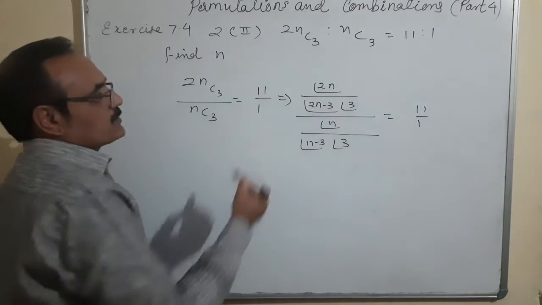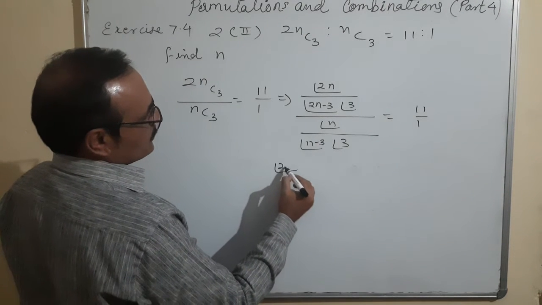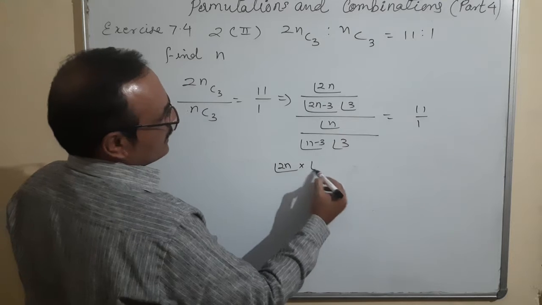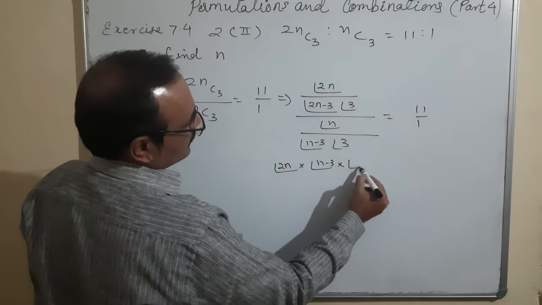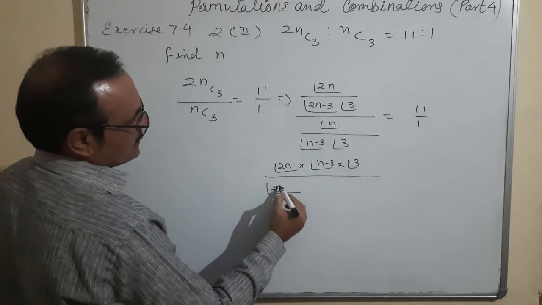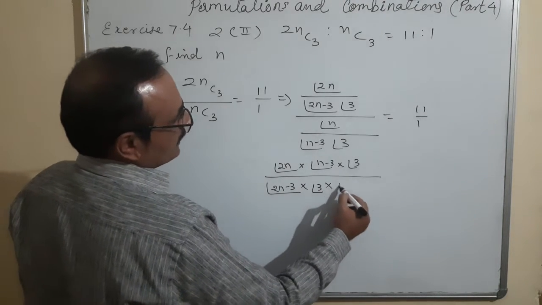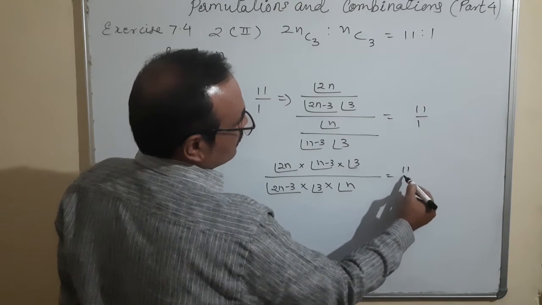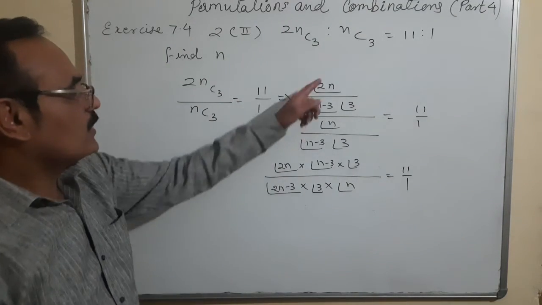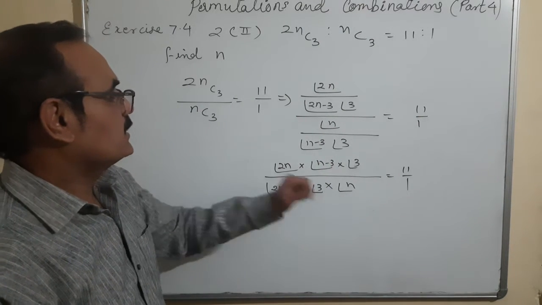First term will be multiplied by fourth term, upon second term multiplied by third term.